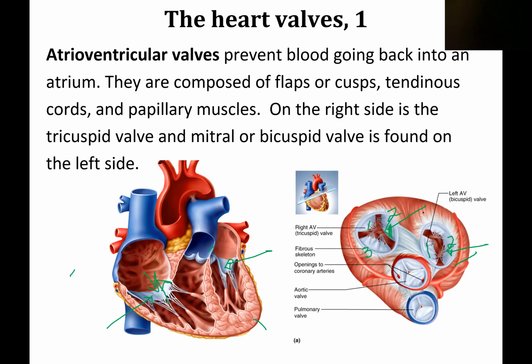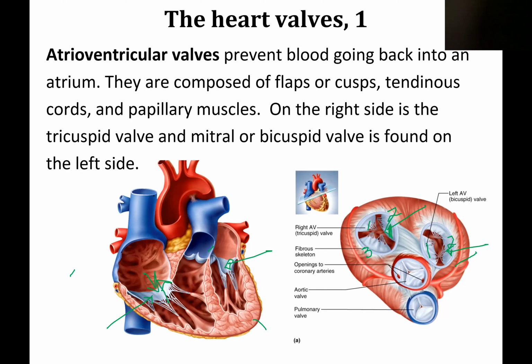Sometimes it doesn't open all the way because calcifications can occur on the valves, and that would make them less flexible, and so it wouldn't let all the blood it should pass into the ventricle.